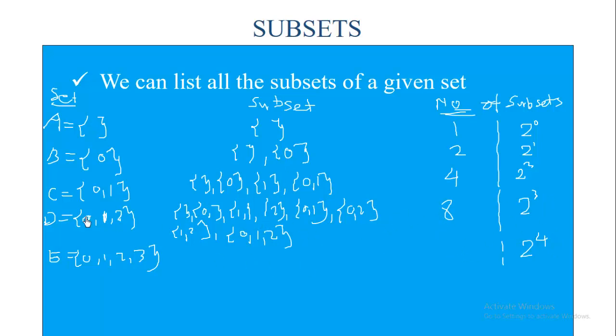So 2 raised to the power 3, because this is having 1, 2, 3. 2 raised to the power 2, 0, 1, and this is 1, 2. Then 2 raised to the power 1, and this is 2 raised to the power 0, that is nothing in it. So 2 raised to the number of elements will give us the number of subsets. So in general, if we have a set with n elements, then the number of subsets will be 2 raised to the power n.